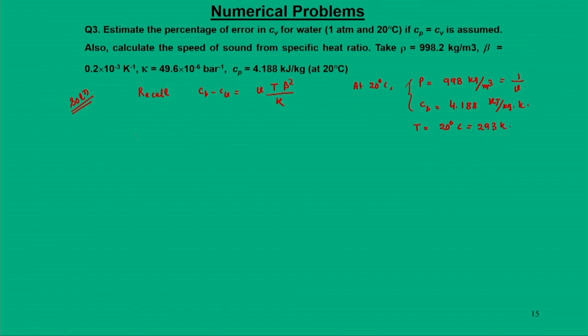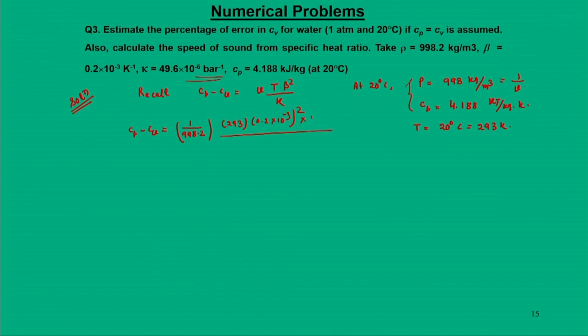Now, when I put in these numbers, we can say Cp minus Cv is equal to 1 by 998.2, T is 293, beta that is 0.2 into 10 to the power minus 3, whole squared, and kappa is in bar, so we need to express it in terms of Newton per meter squared.